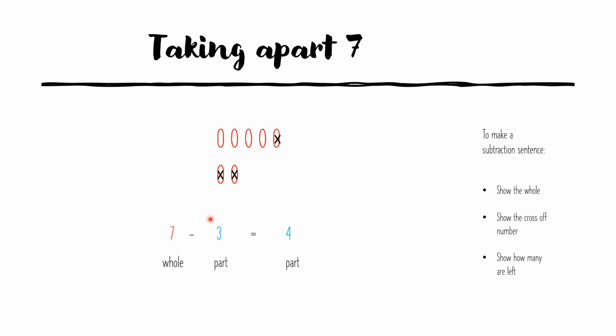Good work. 7, take away 3 equals how many circles were left when we took away 3, kindergarten? That's right, 4. We can see this in our drawing. 1, 2, 3, 4. Repeat the equation with me, kindergarten. 7 take away 3 equals 4.